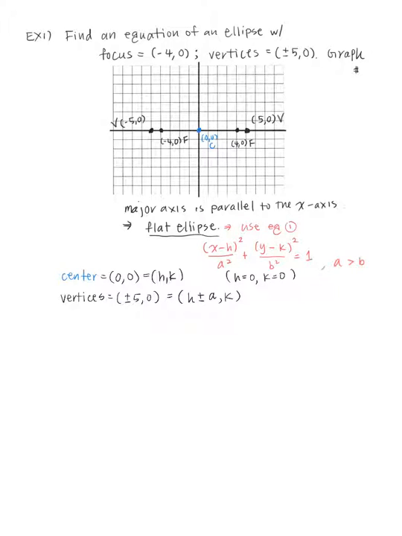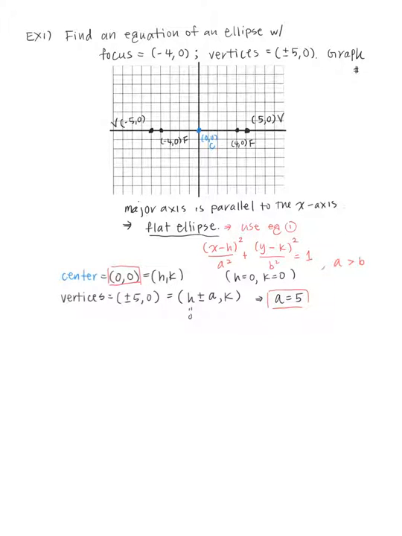Keep that in mind. Since h is 0, ±a better equal ±5. So that implies that a must be 5. Let me just box all the important information here.